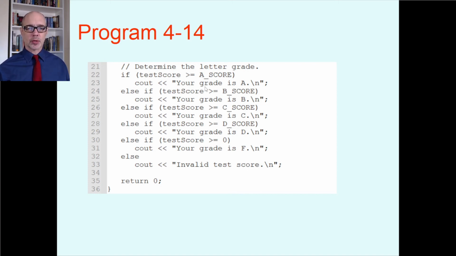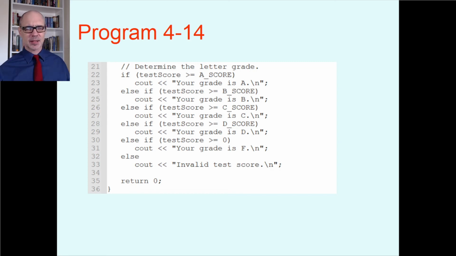You'd go to line 23 and print out your grade as A, and then it would skip the else part, which is all of this other stuff, because these are really just a bunch of nested if statements. This else is all the way from 24 down to 33. You'd skip all of that, land on 35, the main function would return back to the operating system, and the program would be over and would only print the grade as A.